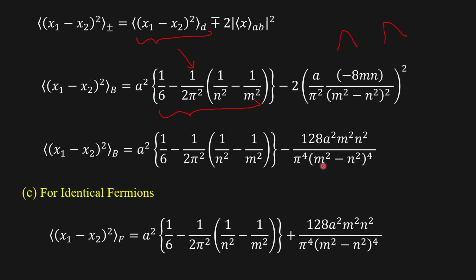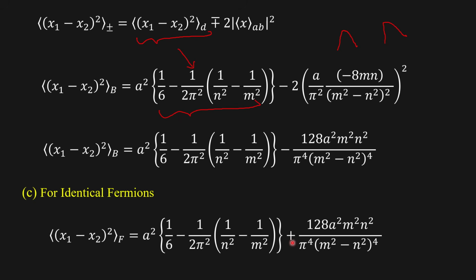So when the bosons come closer and closer, you will get an attractive force. That is, the total distance for bosons is less than that of distinguishable particles. So there will be overlapping interference, so they have an attractive force and come closer.